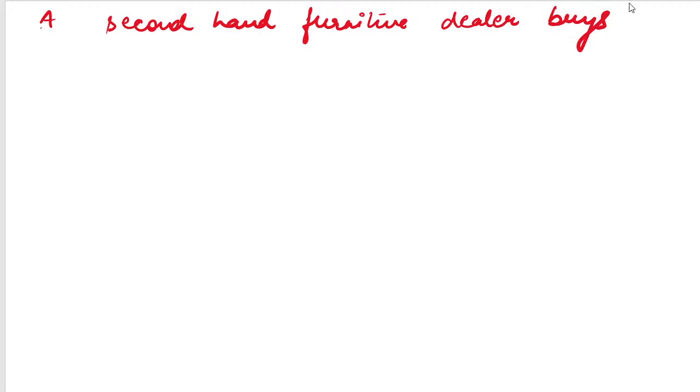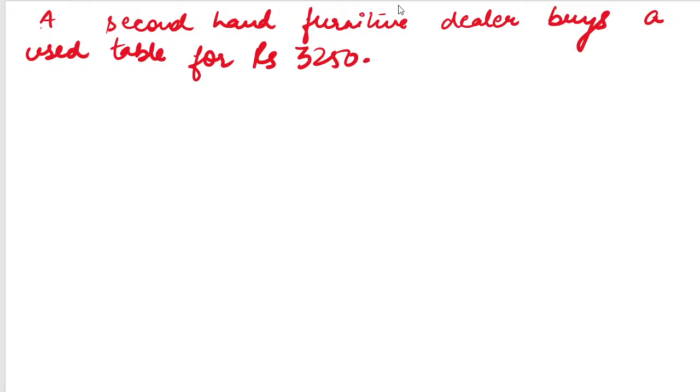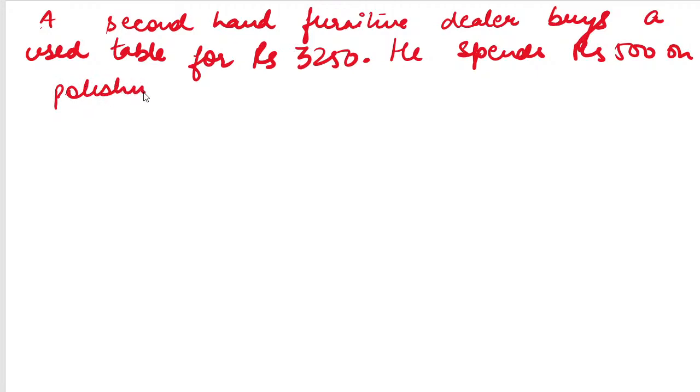Next question we have: a second hand furniture dealer buys a used table for rupees 3250. He spends rupees 500 on polishing and repairing it.